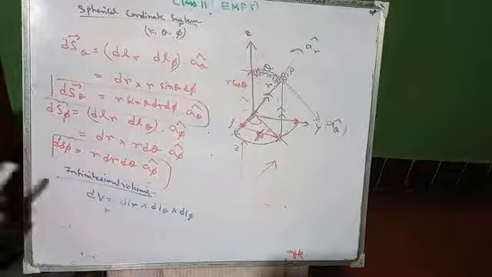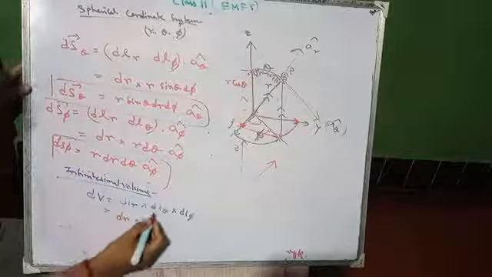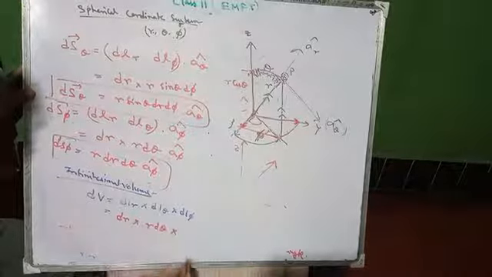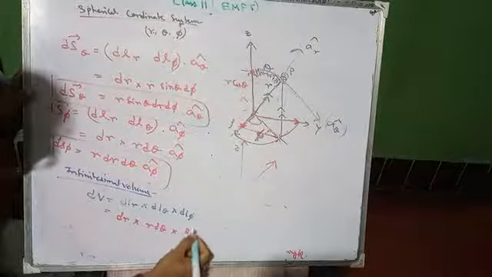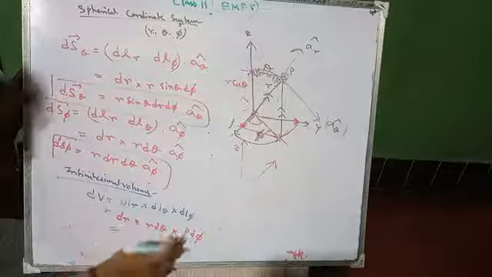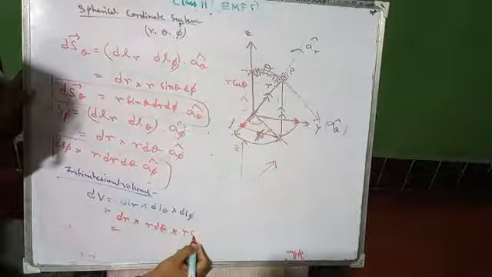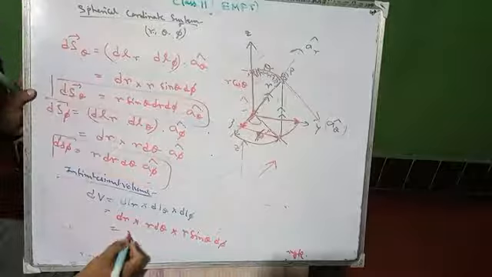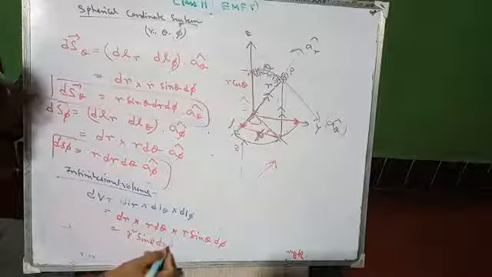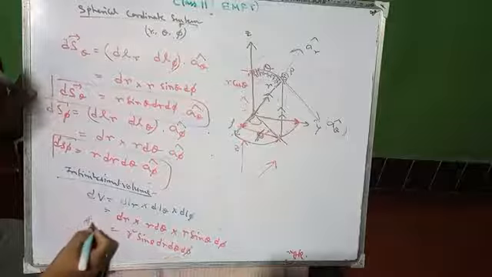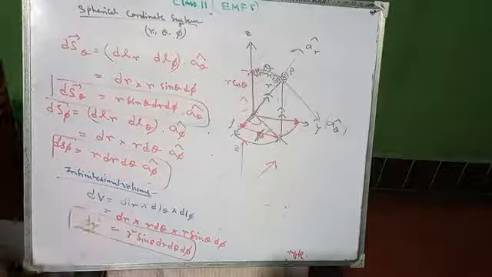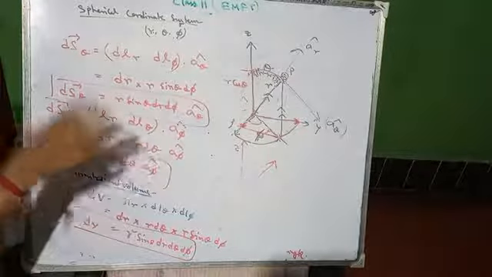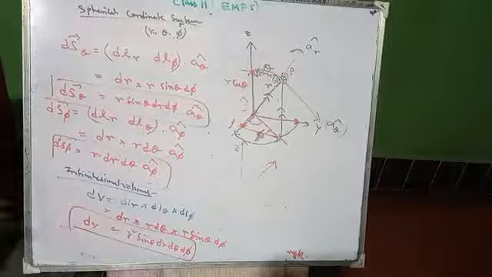Just multiply it. dl_r means what? dr only. dl theta means r d theta, and dl phi means rho d phi, and rho means r sin theta. So r squared sin theta dr d theta d phi will be equal to dV. Okay, this is your only one volume and it is a scalar quantity. These are the three terms: infinitesimal length, infinitesimal area and infinitesimal volume.